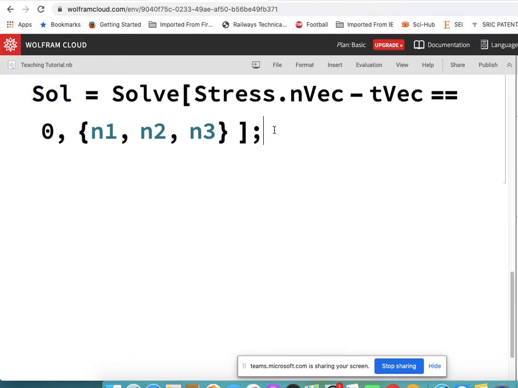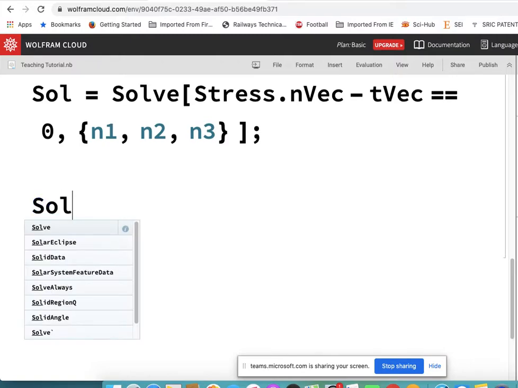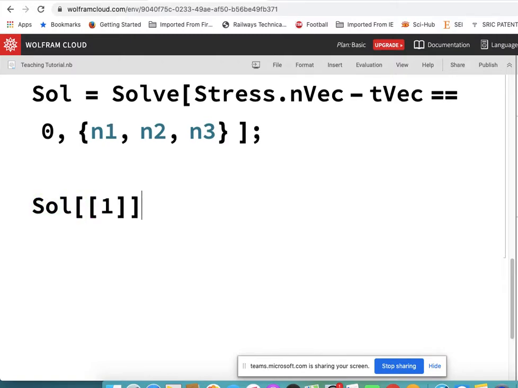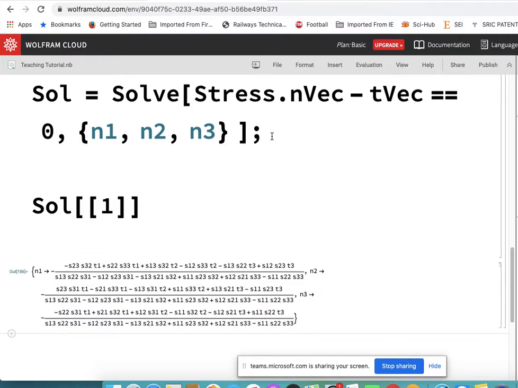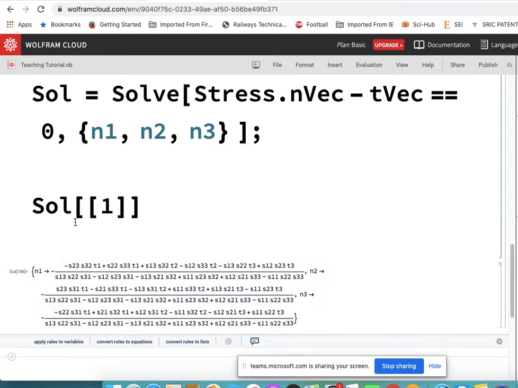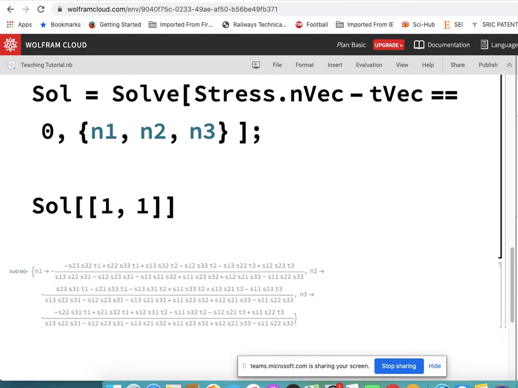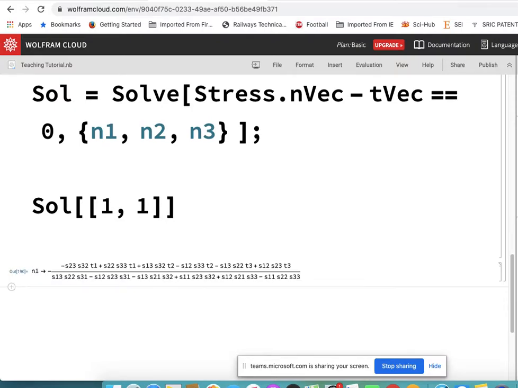Then if I say solution of 1, what do you think it is going to give me? It is going to give me the expression for n1. Actually, I should have said 1 comma 1. It will give me the solution for n1.